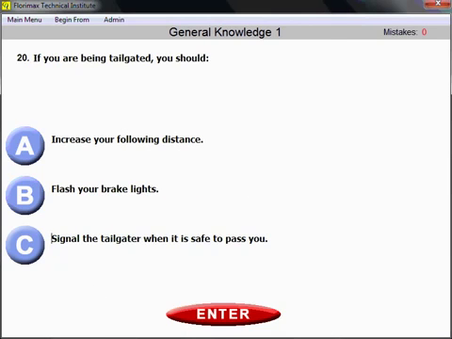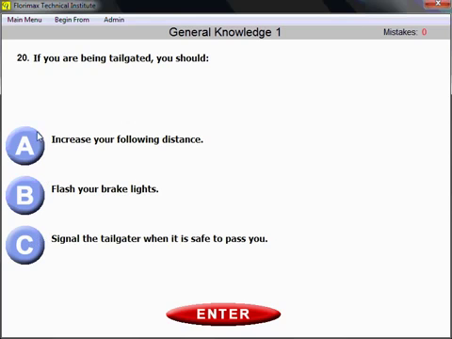Good. Question number 20. If you are being tailgated, what you should do, in other words, if somebody is too close to you. And in this case, again, safety first.